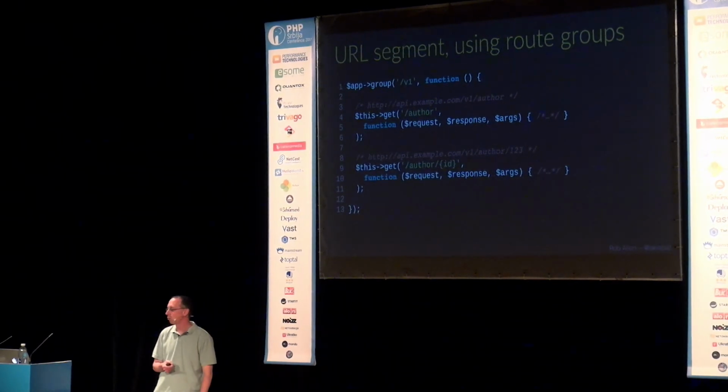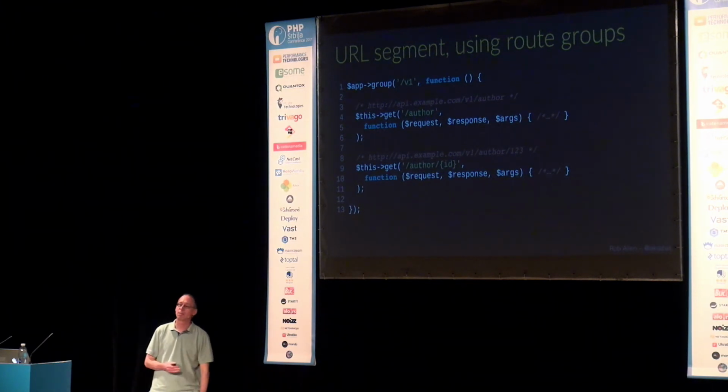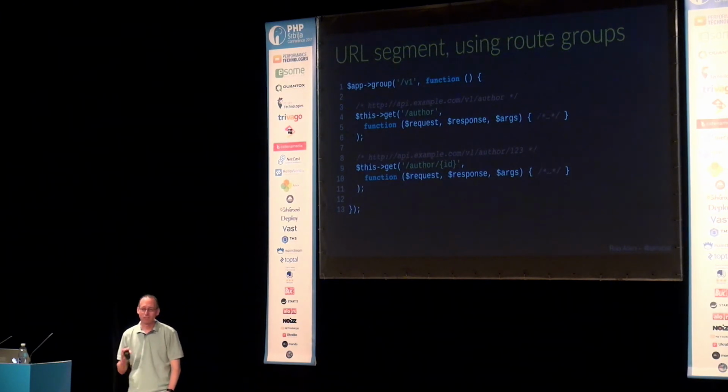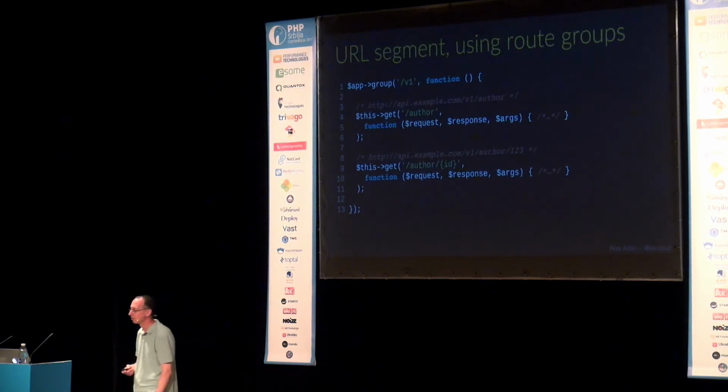So every single one of the URIs within this group is now part of the version 1 API. Quite easy to do. If you're going to do this, I highly recommend you use separate source files. That's the other thing about versioning: if you try to switch within the same source file, sooner or later you'll screw it up. So use separate source files.